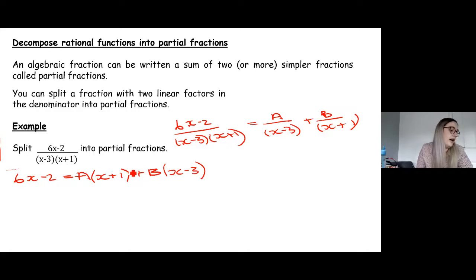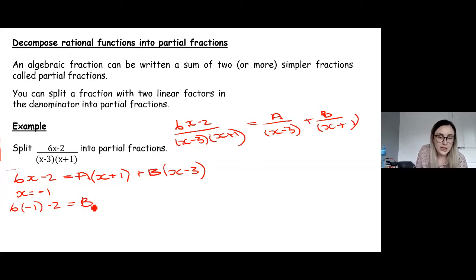So doing this now, I can set x to a value, and that will enable me to work out a and b. First of all, I'm going to let x equal minus 1. I've chosen minus 1 because if I put minus 1 into here, that gives me 0 for this bracket and it eliminates the a, and I'm just left with b, so then I can solve an equation to find b. So 6 times minus 1 take away 2 equals, now minus 1 plus 1 is 0, so the a cancels.